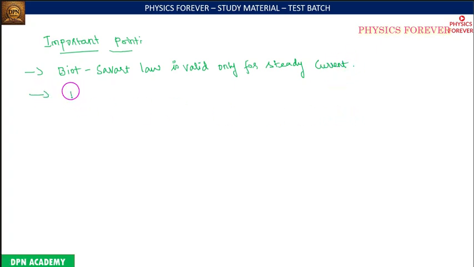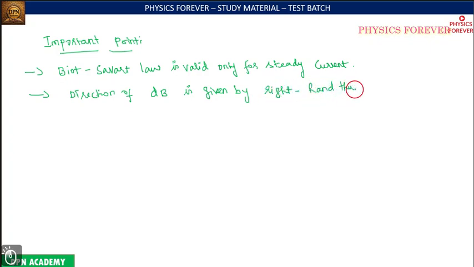Then second point, the direction of dB is given by the right hand thumb rule, most important, right hand thumb rule and cross product.